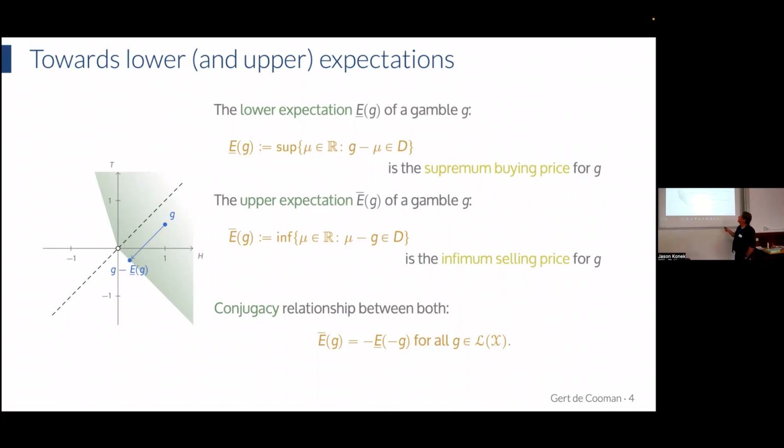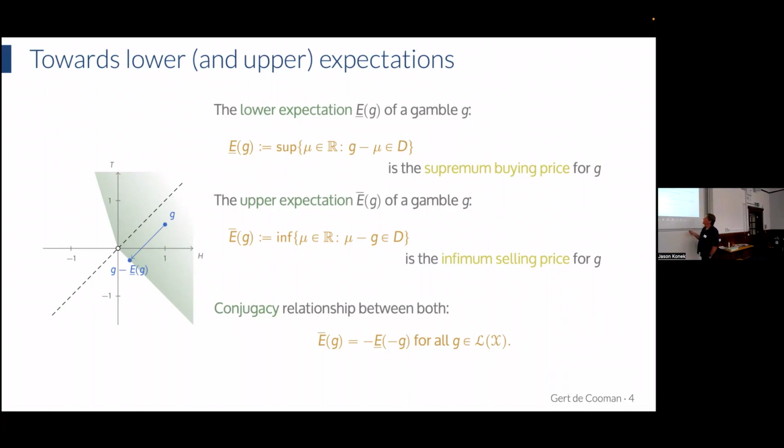So at some point, for some mu, my G minus mu will no longer be in D, and then the largest one for which it is still in D is the lowest. It's actually also the lowest one for which it is not, because it's border, right? It's a border condition. So in that sense, if that is what you meant, then I would say that. But it's not what you meant. Depends on what you call undesirable, I think. Yeah.